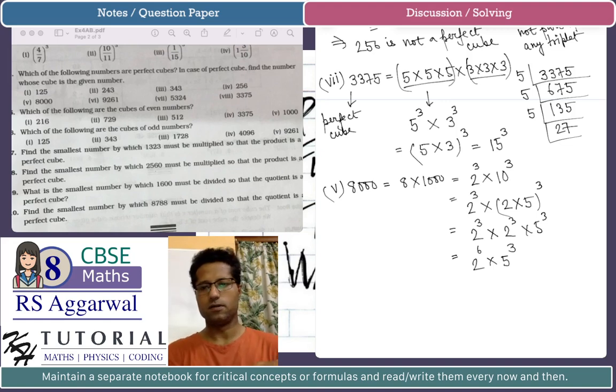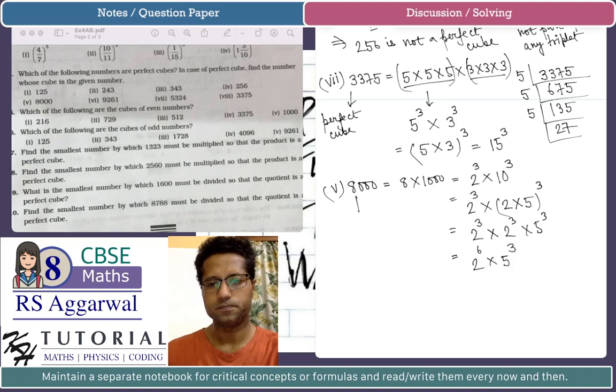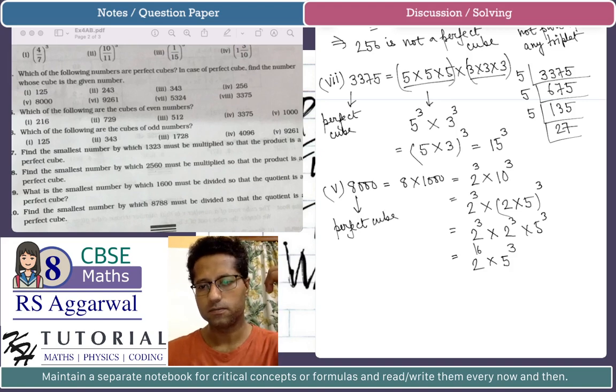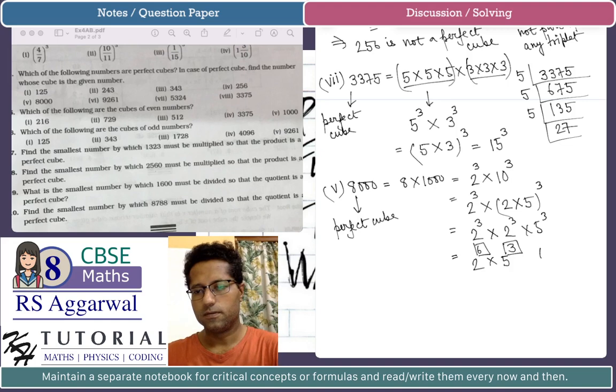So these are the prime factors of the number 8000, having powers. We can see both the powers 6 and 3 are multiples of 3. So hence the number 8000 will be a perfect cube. This is a perfect cube as the powers 6 and 3 are multiples of 3.